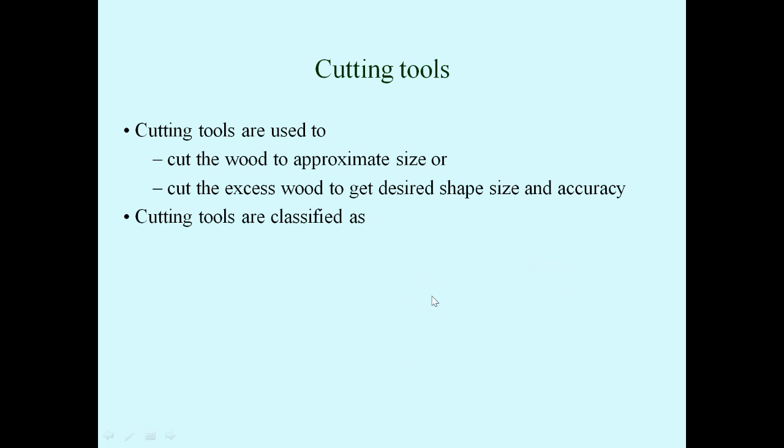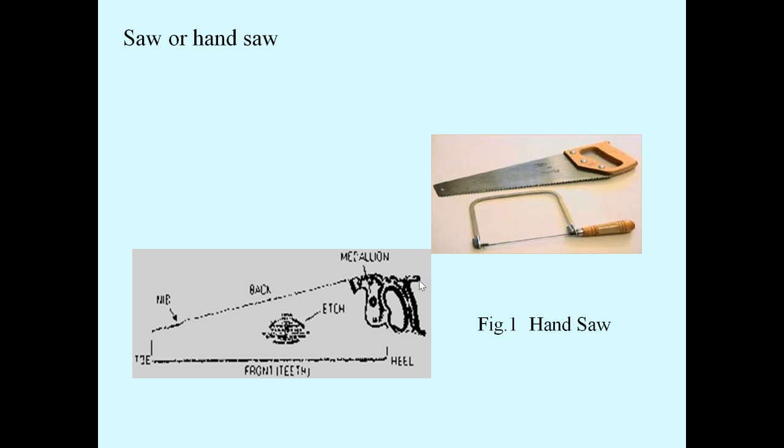Next, cutting tools are classified as saws, chisels, axes, planes. Saws are hand saws. You can see the diagram of a hand saw here. Heel, toe, back.